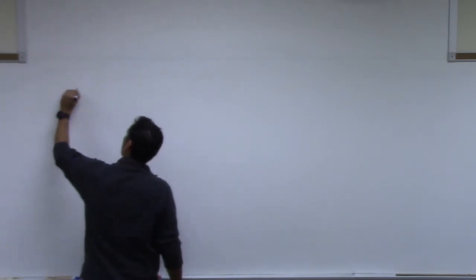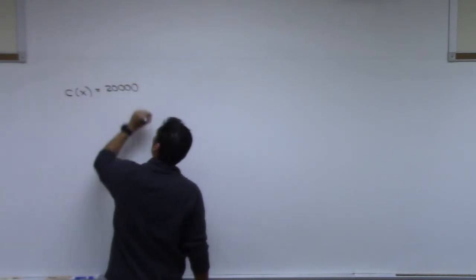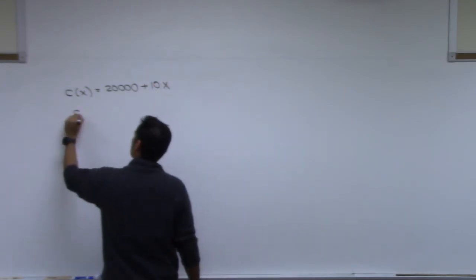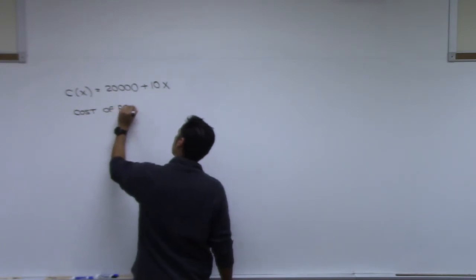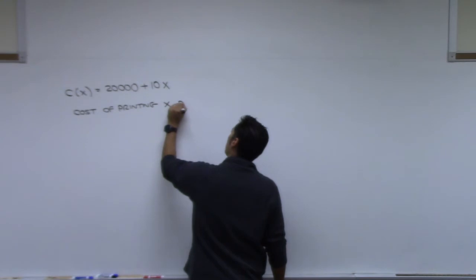All right, let's do this one. Let's say we have a cost function which is 20,000 plus 10x, and this is the cost of printing x dictionaries.